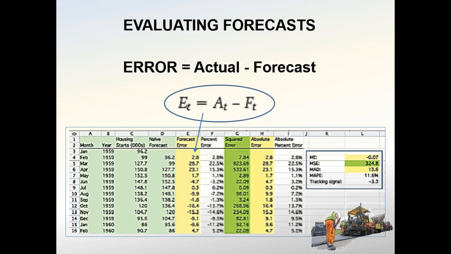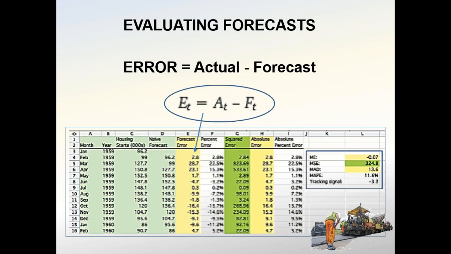Figure 4.4 here in this slide shows a portion of a spreadsheet with the actual data from the previously covered figure 4.3 a couple slides ago, compared to naive forecasting of housing starts in each of those same months.